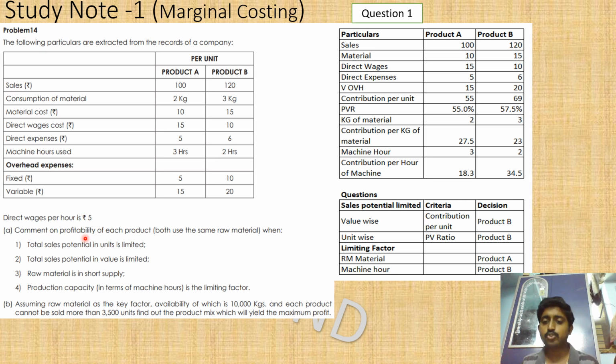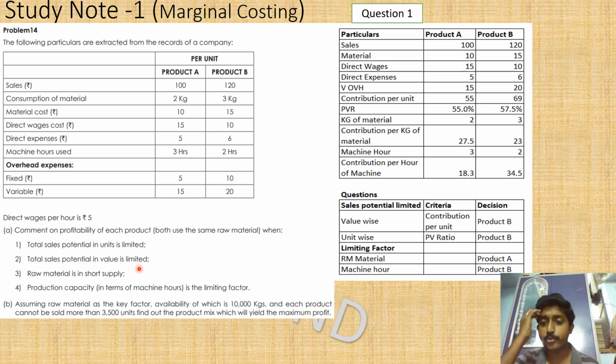Maximum profitability has to be achieved, which means when you go unit wise, your PV ratio or contribution margin should be higher. When the units is limited, higher contribution margin can fetch you higher profit. And when value is limited, value is sales revenue. When sales revenue itself is limited, inside that sales revenue, how much is the contribution?